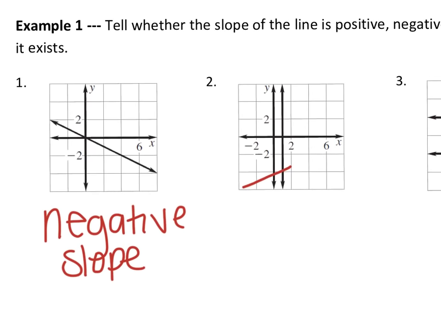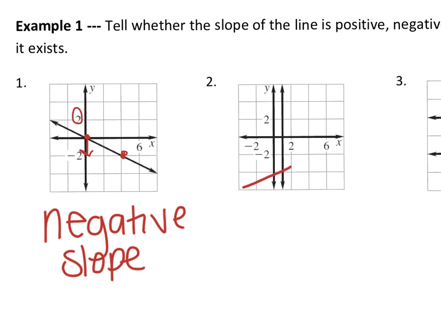You're going to pick 2 spots where that line crosses on a corner. So for example, I'm going to pick right here and right here. And I'm going to count my rise and my run. So if you think of like a sunrise, I'm going to count how far up or how far down I have to go. Be careful, because each tick mark is represented with 2, not just 1. Right, so we have to pay attention to these labels.